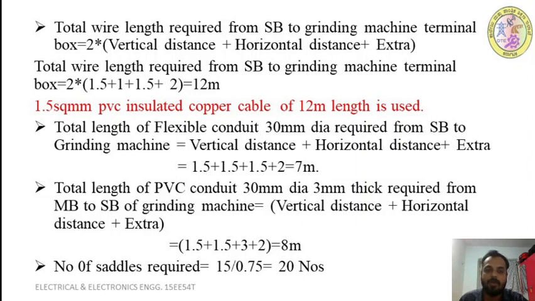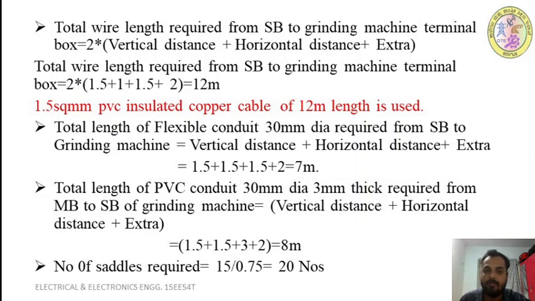So the total wire length required from your switchboard to grinding machine terminals is equal to 2 into, what is the vertical distance? What is the distance between your switchboard to the floor level? That is 1.5 meter. Vertically we are taking this wire through the channel which we have made in the floor level, through the flexible PVC conduit system.